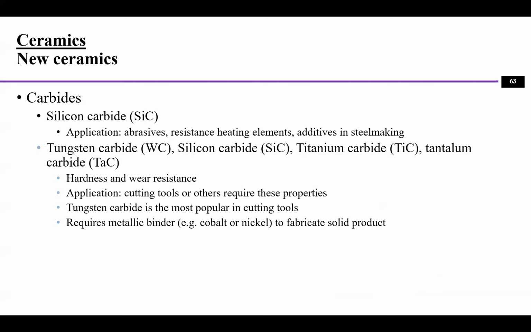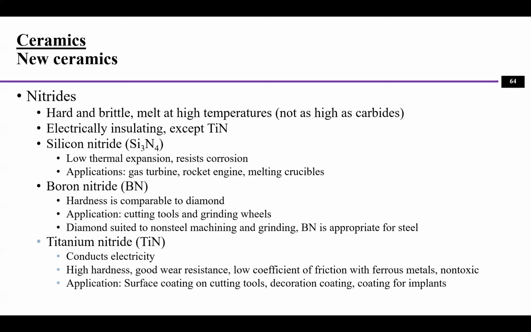Tungsten carbide, silicon carbide, titanium carbide, these are all very common carbide materials. Another type will be nitride. So that's using nitrogen as a base element. Silicon nitride, boron nitride, and also titanium nitride. So they all have similar applications.